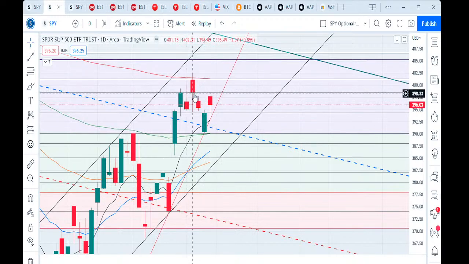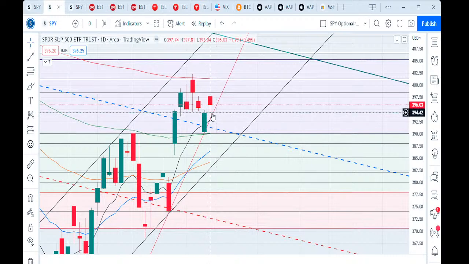So that means this line was established two times. I will take a support or resistance that has been established twice versus one time.